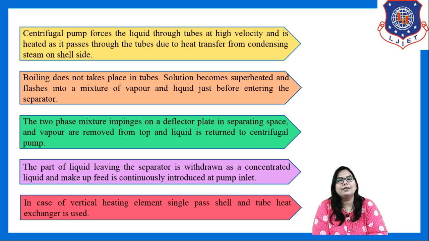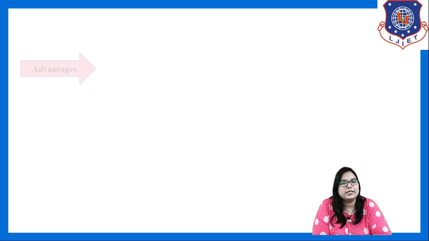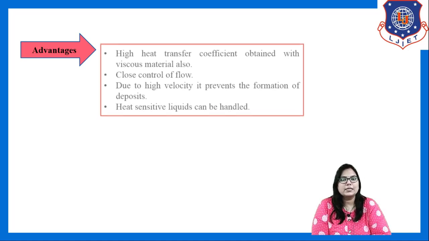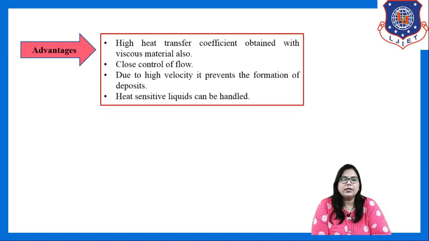Now let's discuss some of the advantages and disadvantages of using forced circulation evaporators. First, the advantages. The advantage of using these forced circulation evaporators is that it gives a high heat transfer coefficient, even with viscous material also.